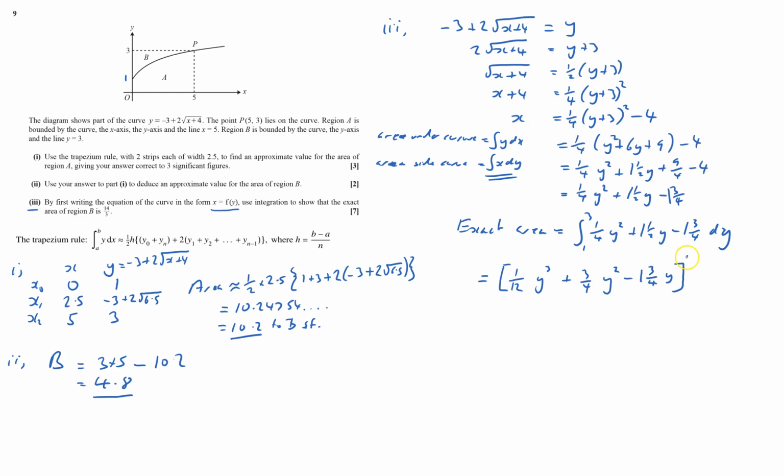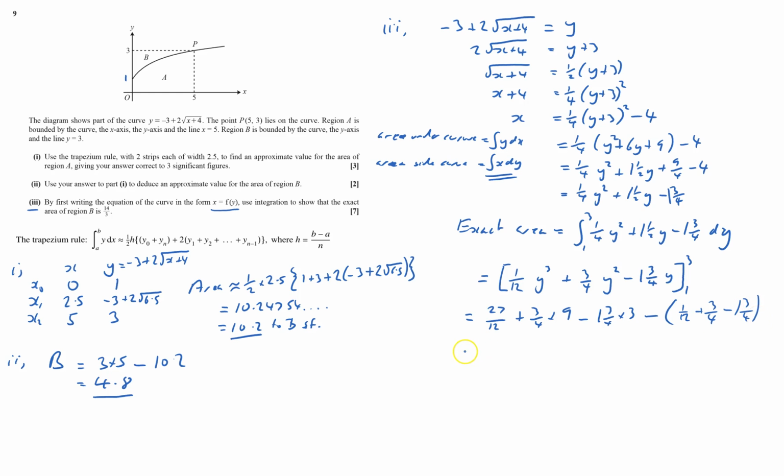And that's between 3 and 1, and that equals, chuck in 3, that'll be 27/12 plus 3/4 times by 9 minus 1 3/4 times by 3, minus, in brackets, put in 1, that's dead easy, that'll be 1/12, plus 3/4 minus 1 3/4.